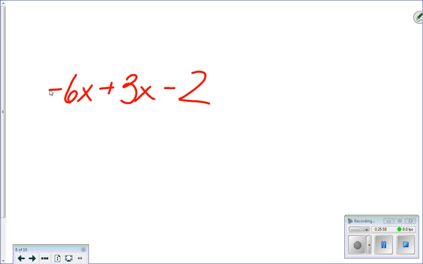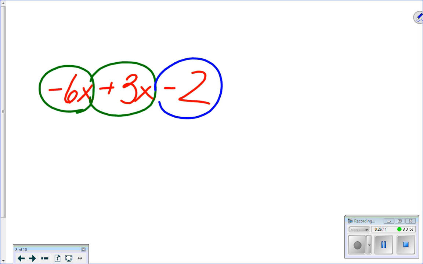Negative 6x plus 3x minus 2. So I'm going to go through and I'm going to circle everything. It takes some thinking. It takes practice. So if you are struggling, do not worry because we are going to practice this a lot.